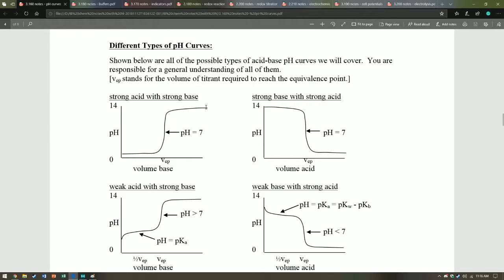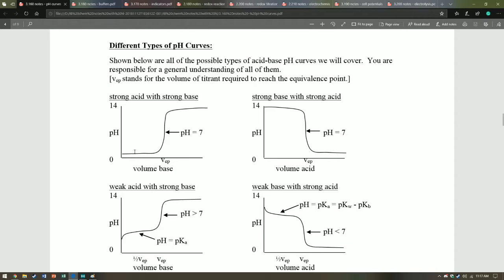Now, what about for a weak acid strong base curve? They look similar, except there are a few slight differences. First, notice this slight jump here, and then notice this region of relatively constant pH. This is actually called the buffer region, and we'll go into the chemistry of that quite soon, but notice that the pH here is relatively constant.